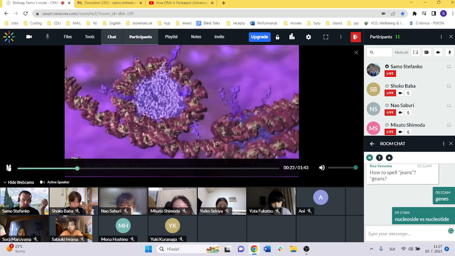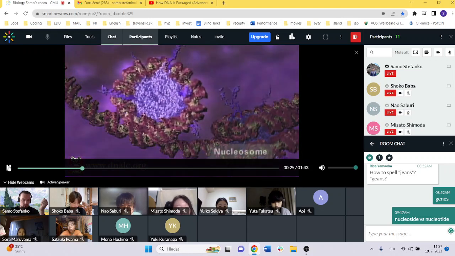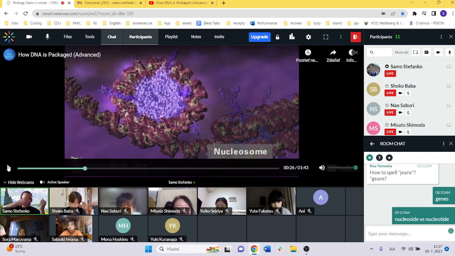The combined tight loop of DNA and protein is the nucleosome. So you see we have a histone of 8 subunits, and the DNA is wrapped double times around the one molecule of histone. So basically it wraps 2 times around and it goes away again. It's the nucleosome.